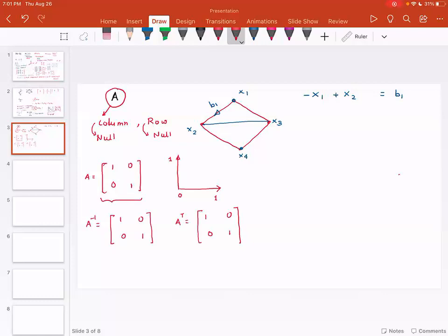Because not only are the basis vectors orthogonal, but the determinant is 1 multiplied by 1 minus 0 multiplied by 0. So the determinant is 1, which means not only are the vectors perpendicular, but the determinant of the matrix is 1. That's why this is called an orthonormal matrix.